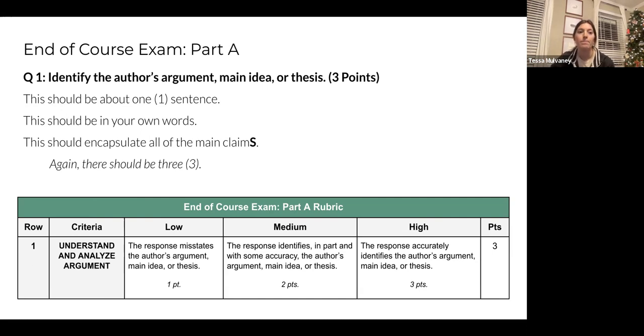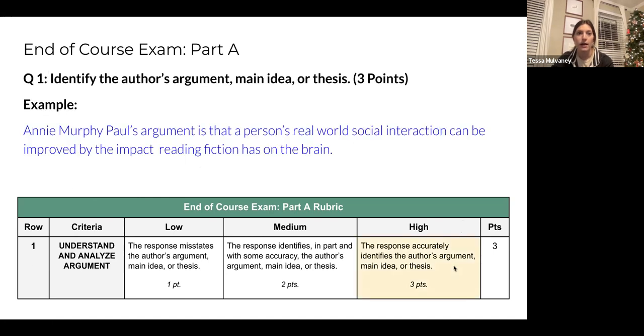Okay. Rubric row is here again for you to identify the high scoring assessment for that category, right? So this one, Annie Murphy Paul's argument is that a person's real world social interaction can be improved by the impact reading fiction has on the brain. This is a broad sentence. It's put into the analyzer or the reader's own words.